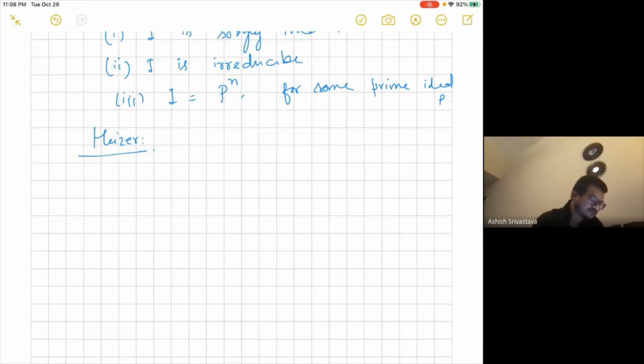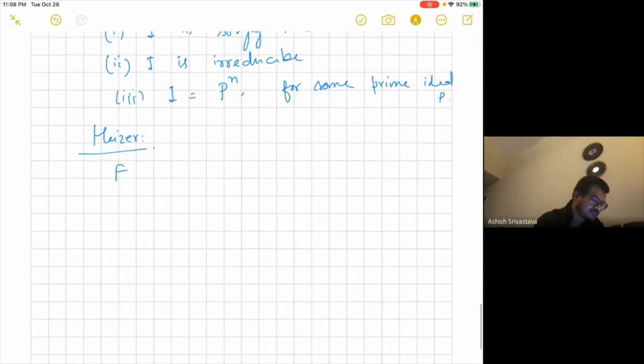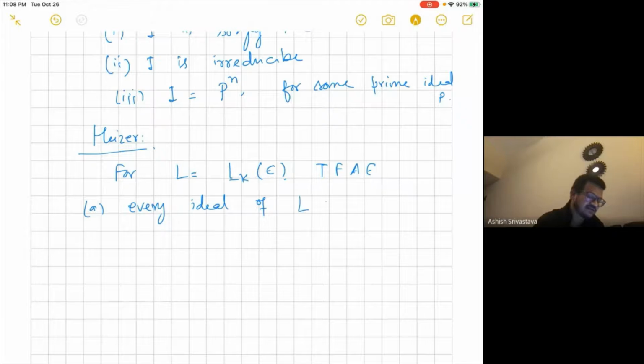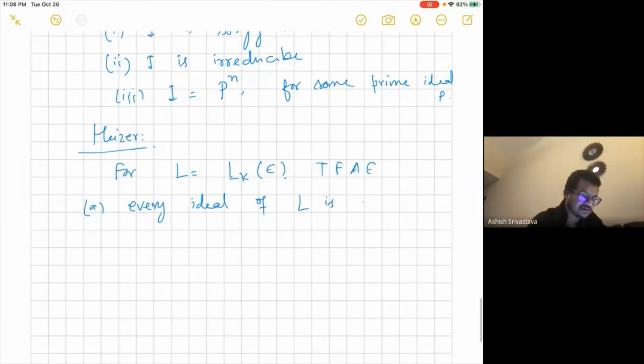For L equals L_K(E), the following are equivalent. A: every ideal of L is an irredundant intersection of finitely many irreducible ideals.